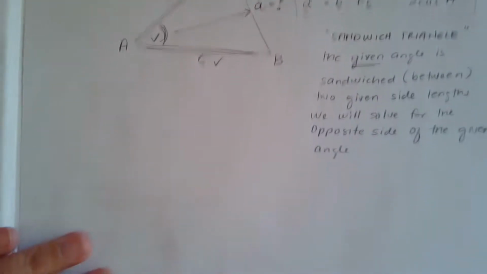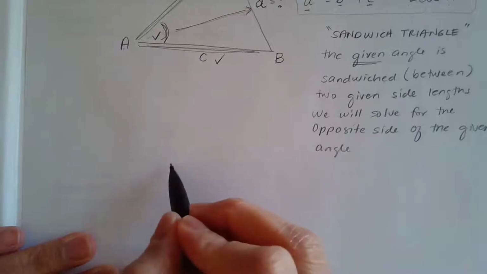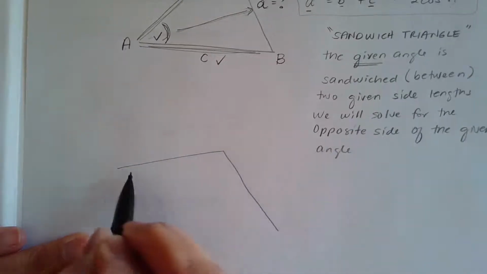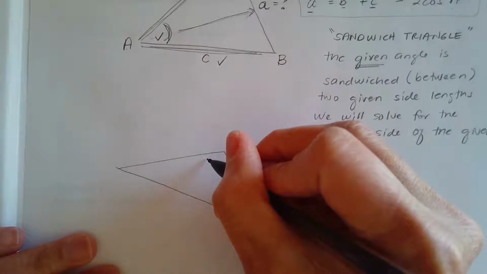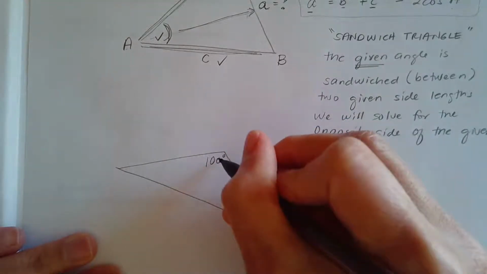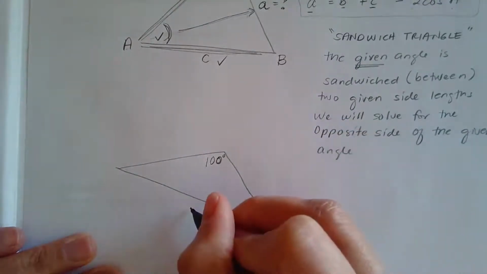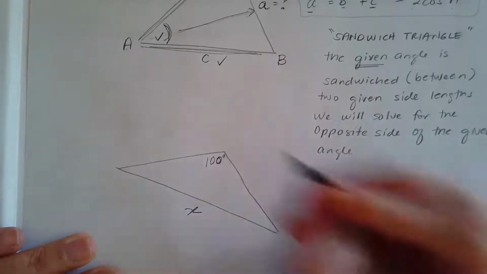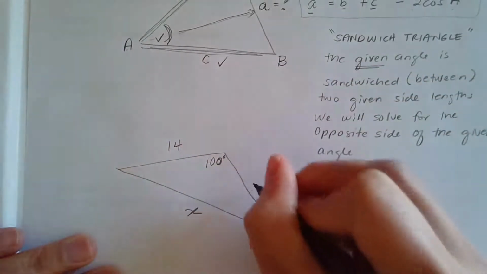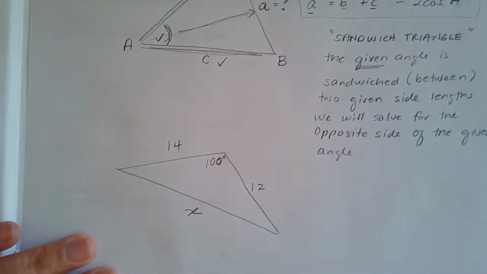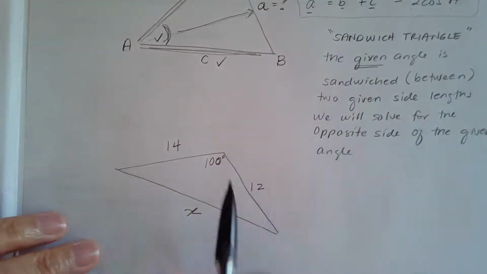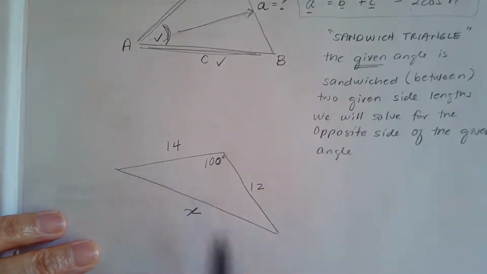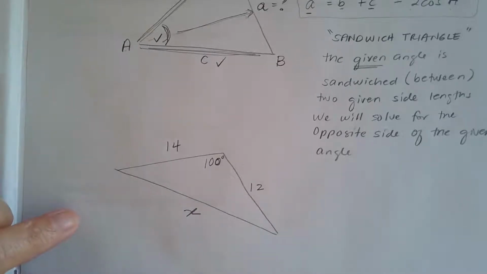Now, let's say here's another triangle, and this angle is 100 degrees, this side is x, and then this is 14, and this is 12. We can turn things around and change the angles, but can you spot the sandwich?